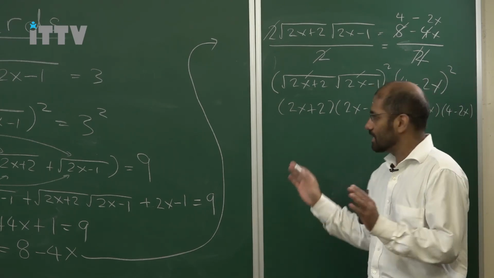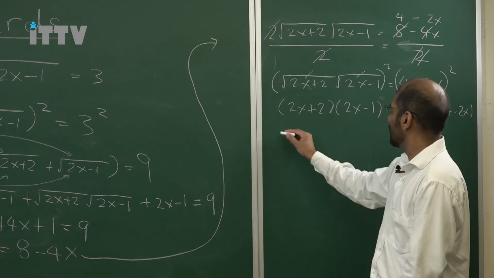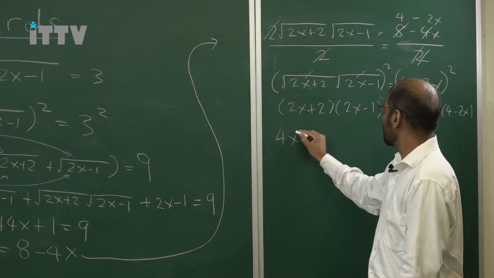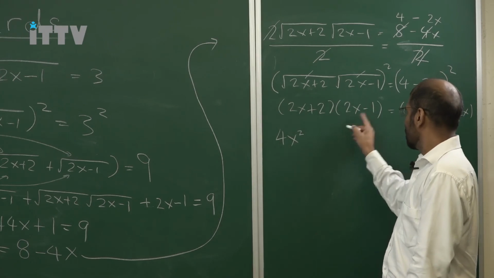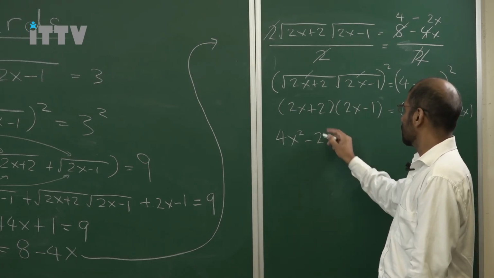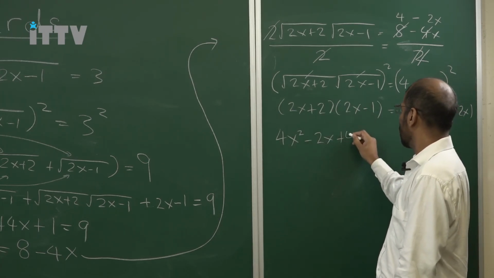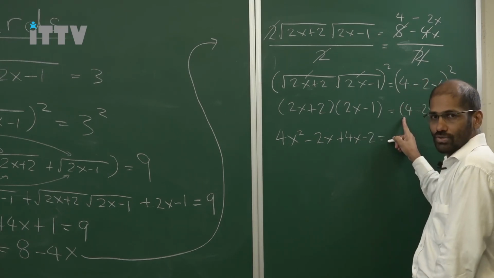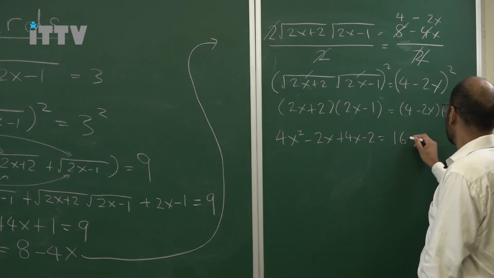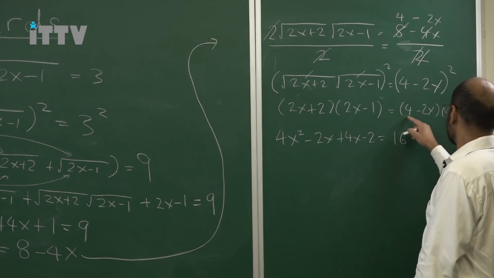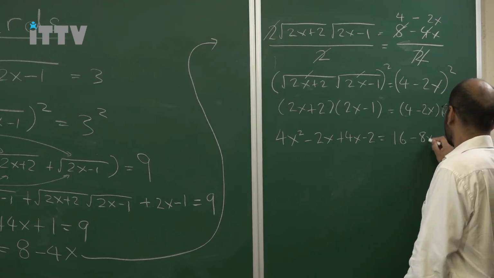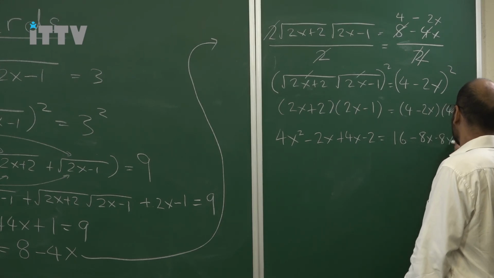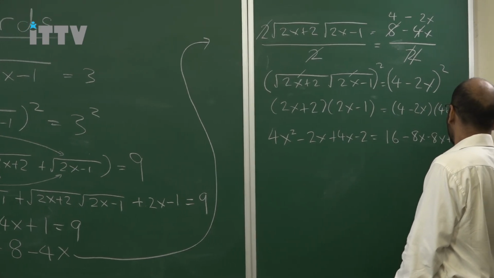So upon expanding this side of the equation, we have 4x squared minus 2x plus 4x minus 2 equals to 16 minus 8x minus 8x plus 4x squared.